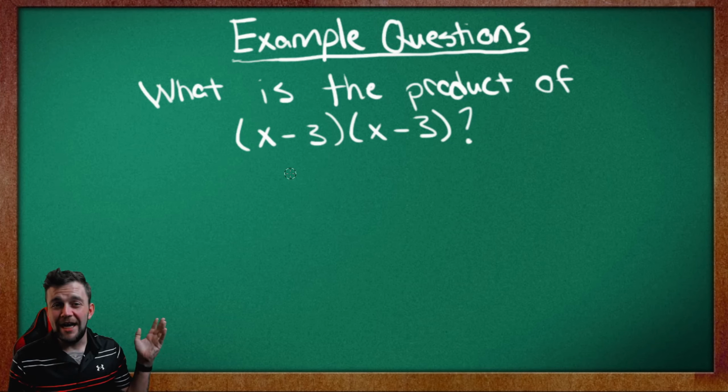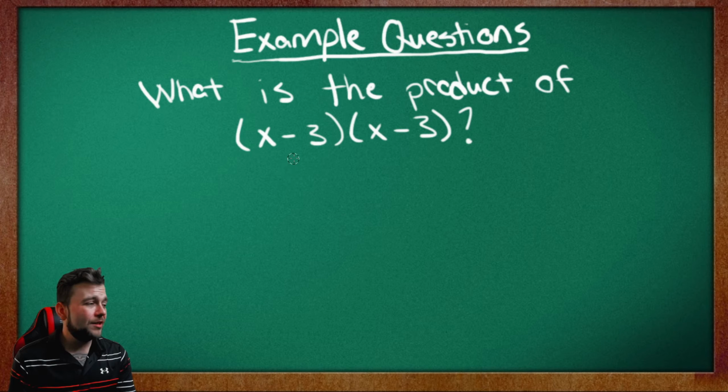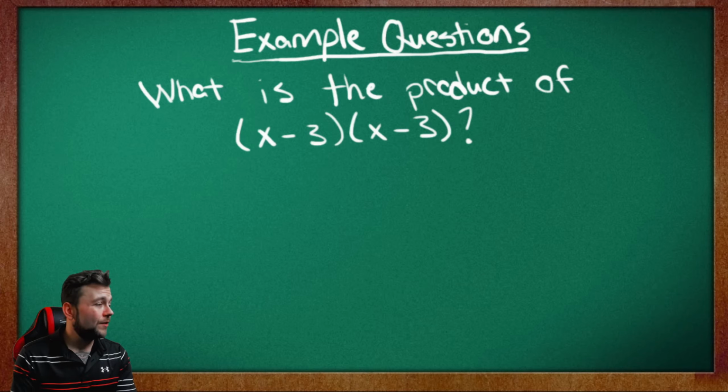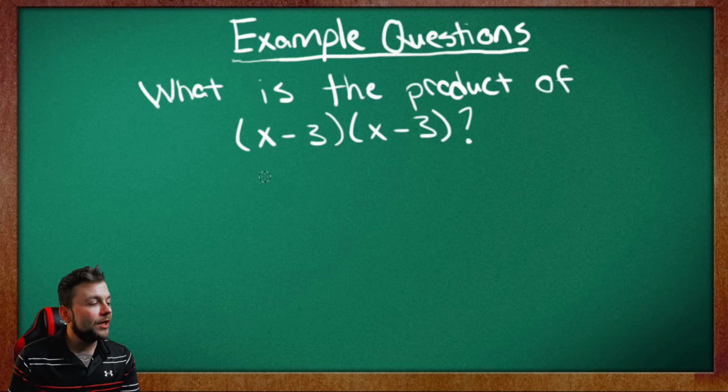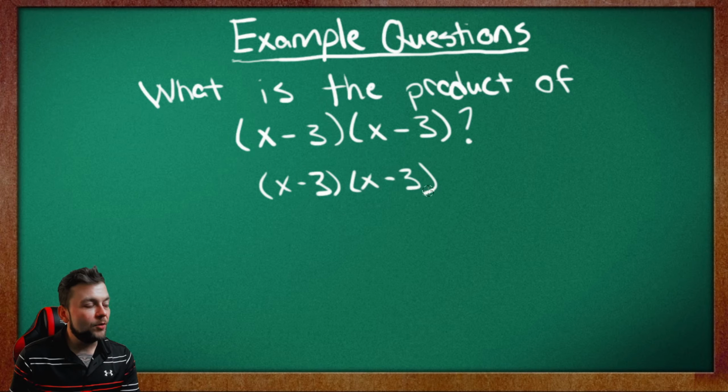You might see a pattern when we're done with this one. So we're going to go x minus 3 times the entirety of x minus 3. Let's rewrite x minus 3 and x minus 3, and we're going to FOIL it.